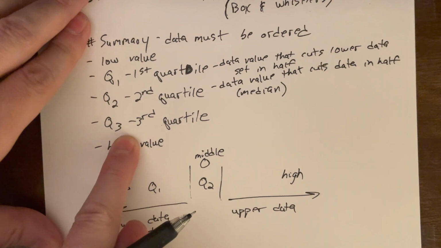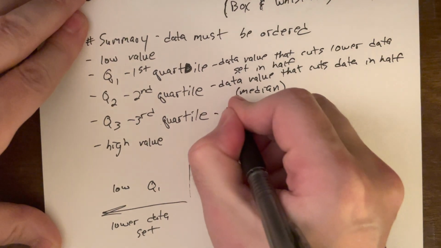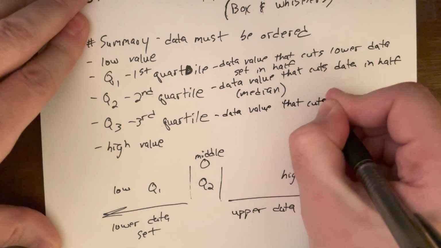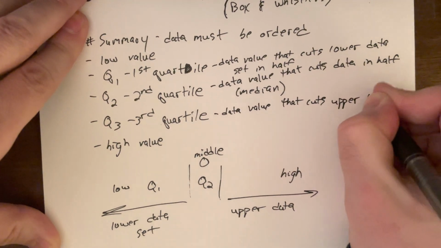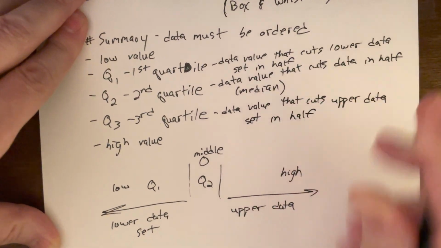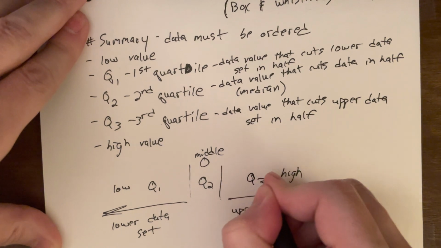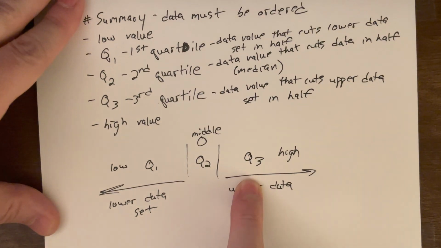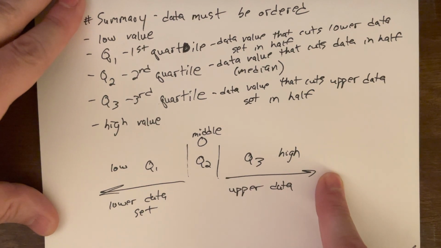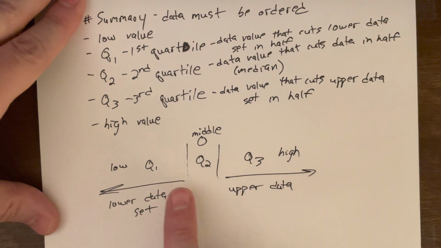And then similarly for Q3, that will be the data value that cuts the upper half. Q3 would be somewhere up here, and that would be the middle data value of this upper data set. So this is the picture, everybody.